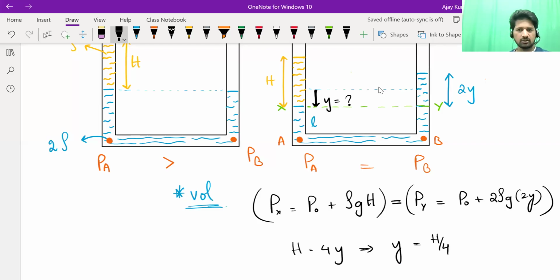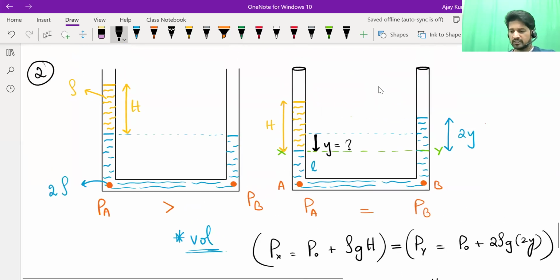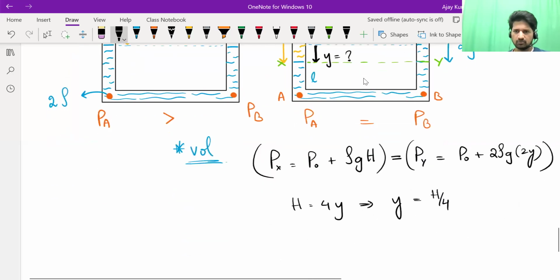But remember, you can't solve such problems blindly. You should ensure that the area of cross section is the same on both sides. Only then the decrease in height on one side will be equal to the increase in height on the other side. Now you know there will definitely be some difference in heights. You got y as H by 4.